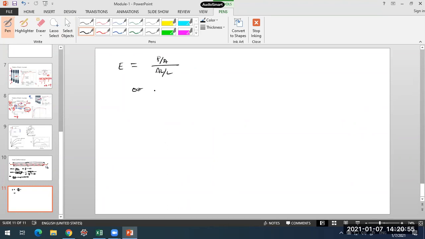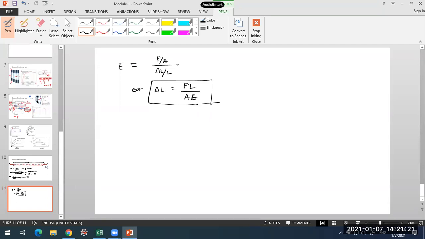Or if I want to know the change in length delta L, I can rearrange and express it as P into L divided by A into E. So this will tell me the change in the length, if we know the applied force, the original length of the member, the cross-sectional area, and the material properties of that member.